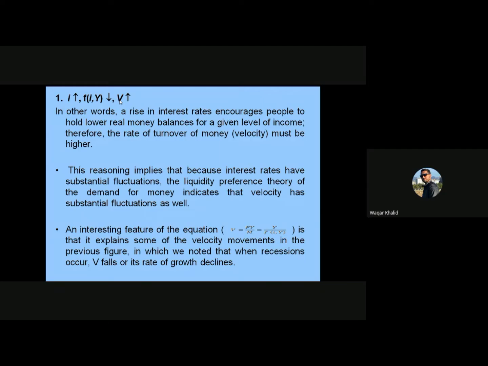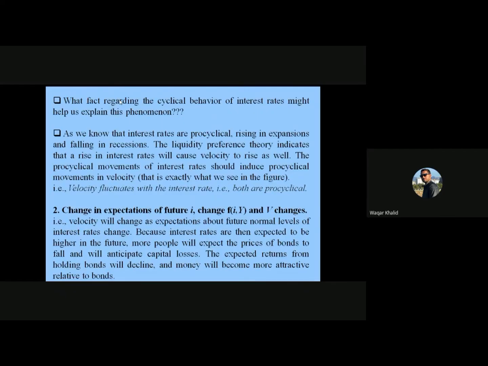An interesting feature of this equation is that it explains some of the velocity movements in the previous figure, in which we noted that when recessions occur, V falls, or its rate of growth falls. What fact regarding the cyclical behavior of interest rates might help us explain this phenomenon? As we know, interest rates are pro-cyclical, which means that interest rates rise in expansions and fall in recessions.